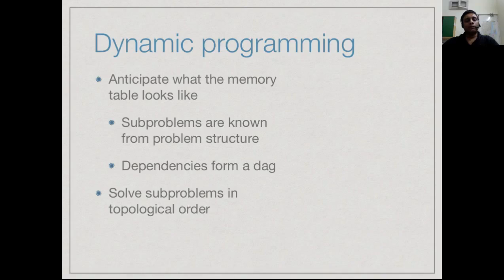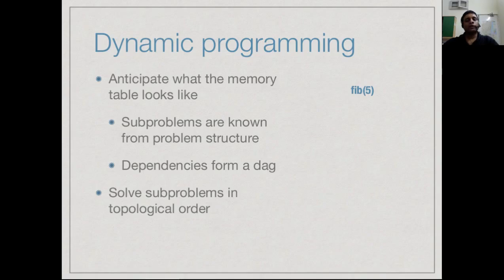In dynamic programming, you anticipate what the table should look like and how the values in the table depend on each other. Okay? So supposing we are computing Fibonacci of 5, then by some simple analysis of Fibonacci, we know that if Fibonacci of 5 requires anything at all, it requires things smaller than it.